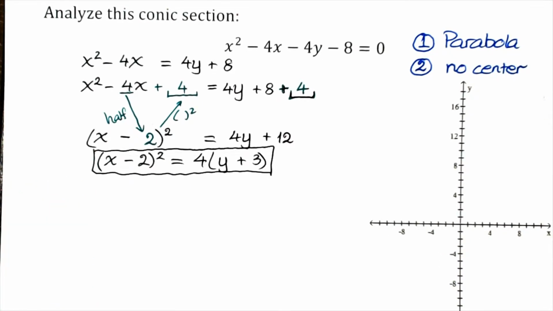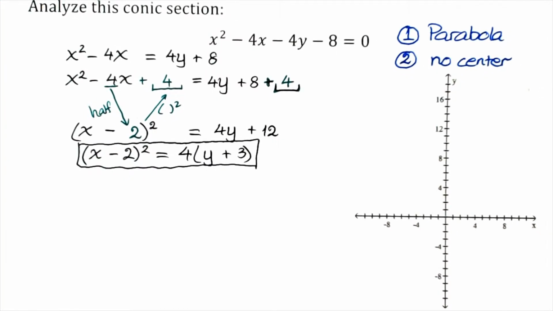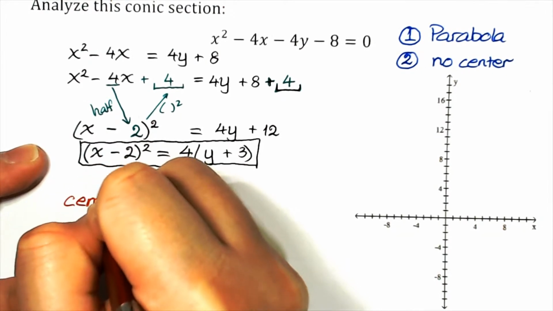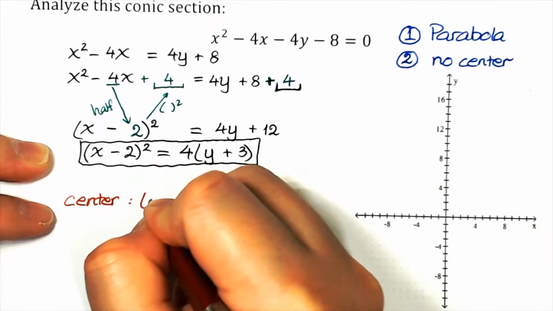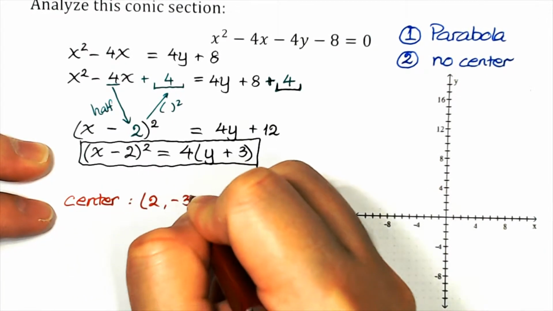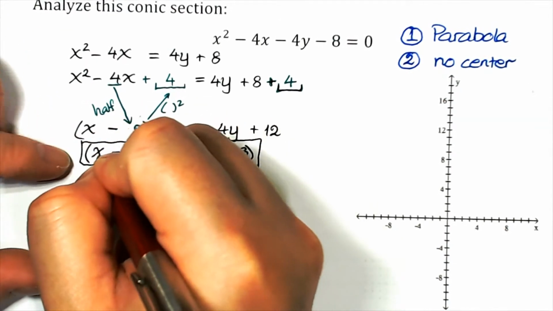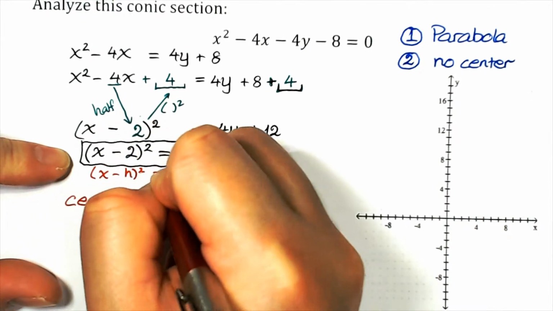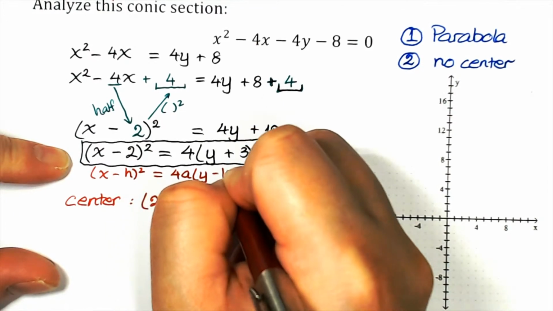Actually, the easiest thing to do here is just to graph it. I should write the standard form of the parabola. In this case we have the x, so it will be x minus h squared equal to 4a times y minus k.